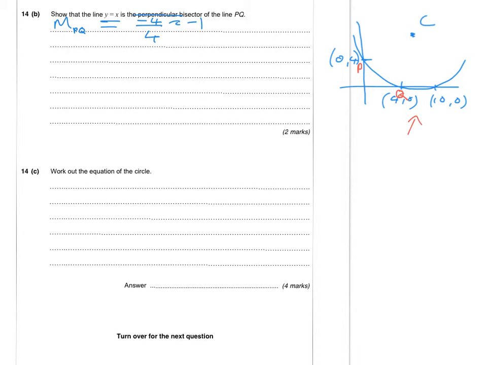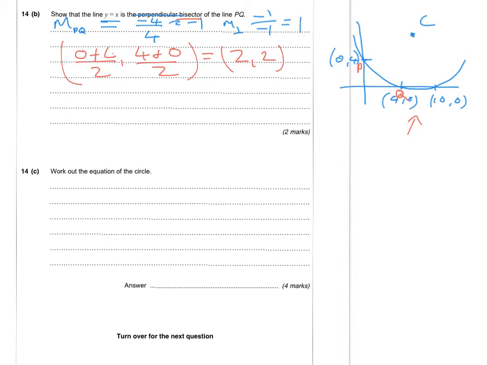So the perpendicular gradient is negative 1 over negative 1, which is equal to 1. It will pass through the midpoint because it's a bisector. So the midpoint of (0, 4) and (4, 0): the middle of 0 and 4, 0 plus 4 over 2, and the middle of 4 and 0, 4 plus 0 over 2, is (2, 2).